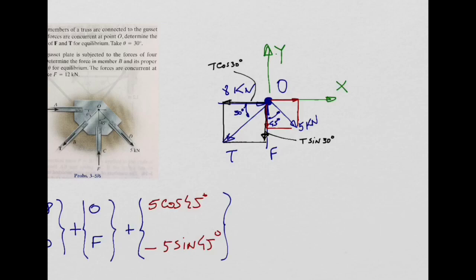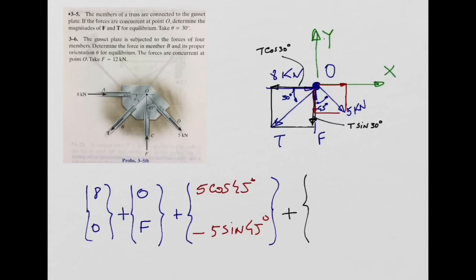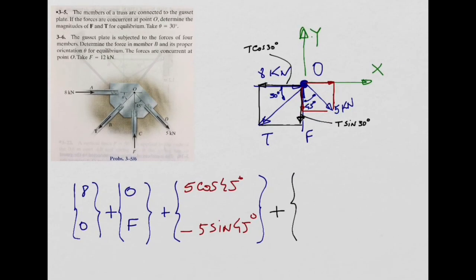Now we need to add this to our vector, right? So starting with the horizontal one, this component is opposite to x, so it needs to be a minus, right? So I will have minus T cos 30 degrees.